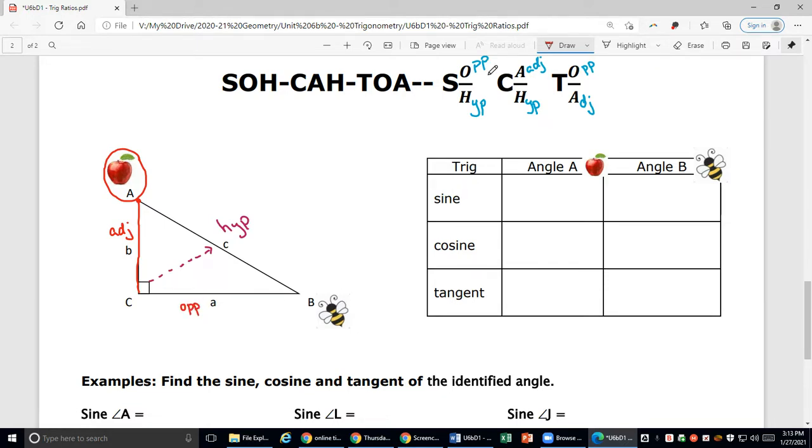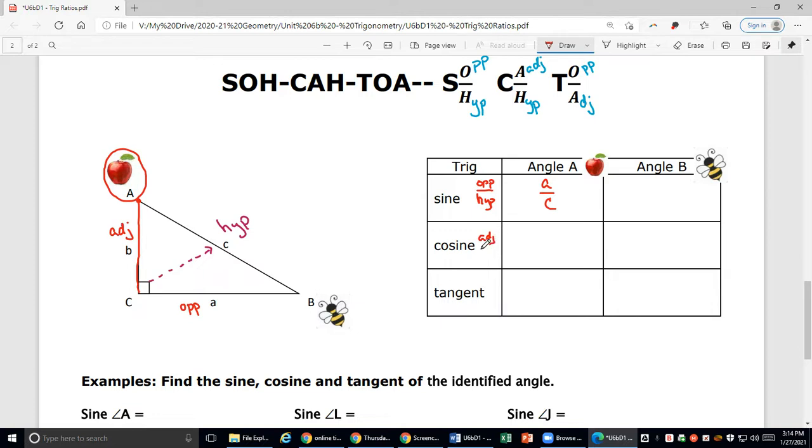Sine is the ratio of the opposite to the hypotenuse. So in this case, my opposite side has a value of A, and my hypotenuse has a value of C. Cosine is adjacent over hypotenuse.